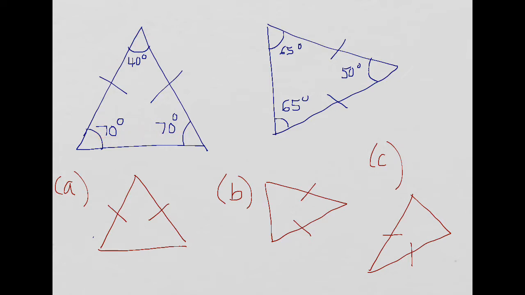If I go to this diagram here, here are my two sides that are the same. Let me extend those. If I drew those lines and extended them, they'd meet at this point here, and therefore this angle is the one that is different, and these two angles are the same.